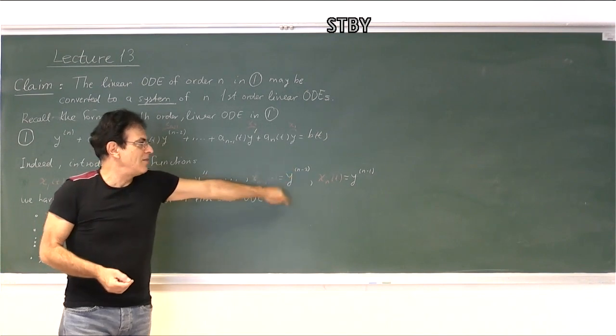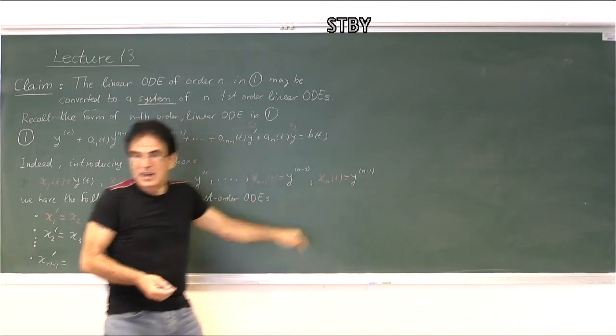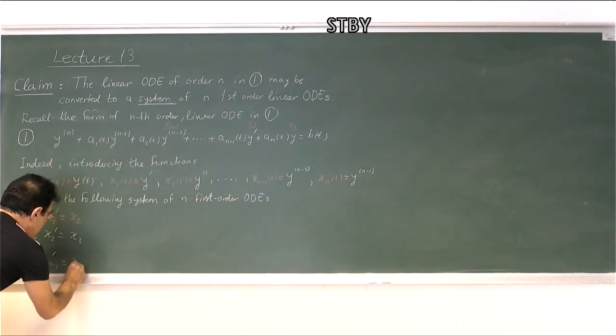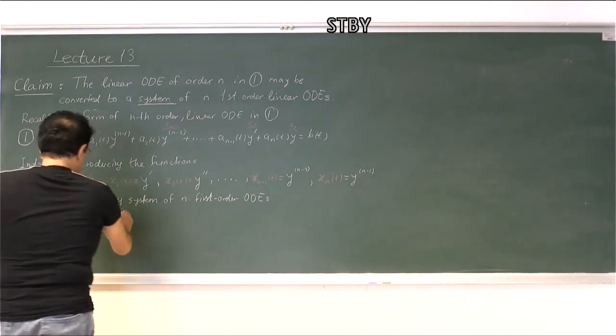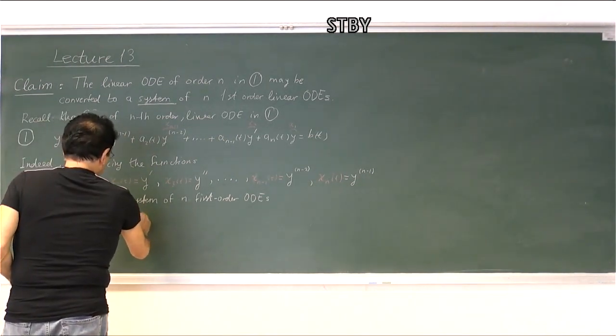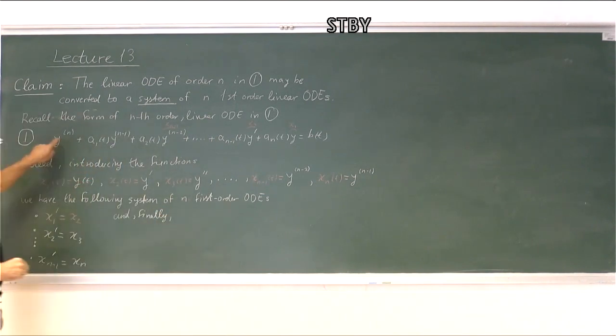Take its derivative, we get the (n-1)th derivative, which is xn. So up to now, from 1 to n-1, we have n-1 equations. And finally, the last equation: look at the equation itself.